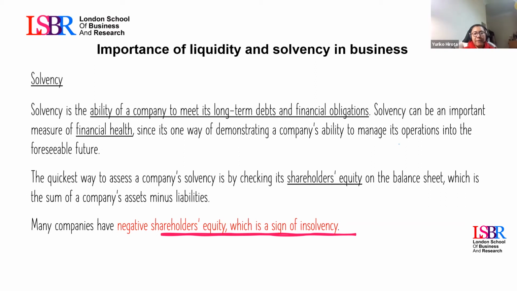Many companies have negative shareholders' equity. Obviously this is a red flag, because it is a sign of insolvency. So automatically, if we see that equity is in the red, we have a very huge problem in that company.